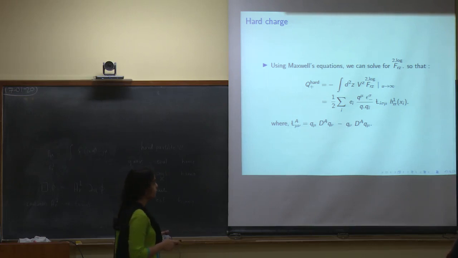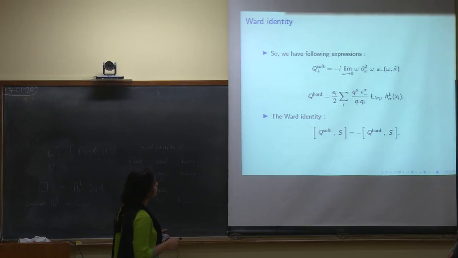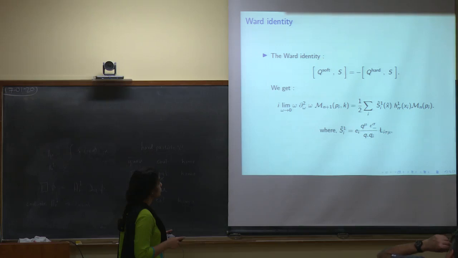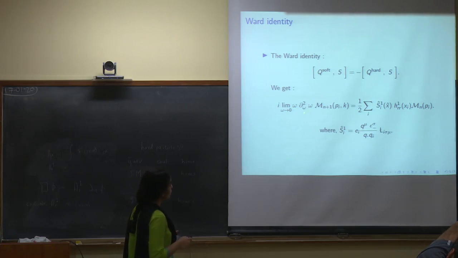Okay. So to recall, I have just written the same expressions, a soft insertion and the soft factor. And this was the Ward identity. We can write it in terms of the amplitudes, M_{n+1} and M_n.